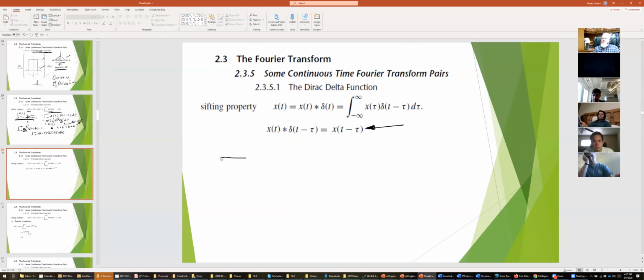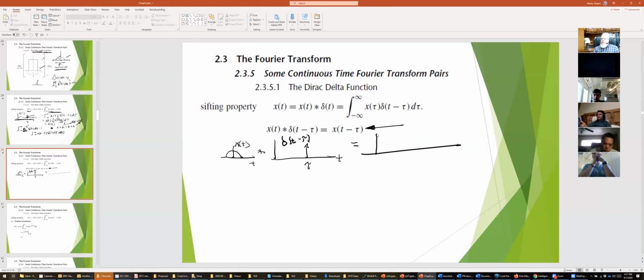It says that if we have an x of t and we convolve it with a delta function centered at t equal to tau, what we get, and this is an important geometrical interpretation, is we get x of t now centered at t equal to tau.